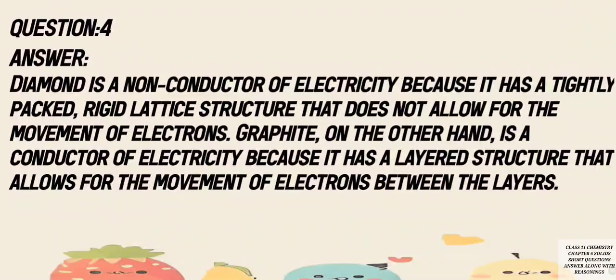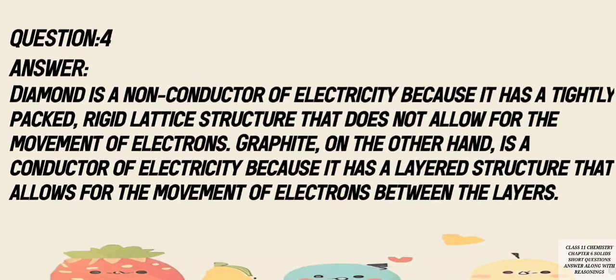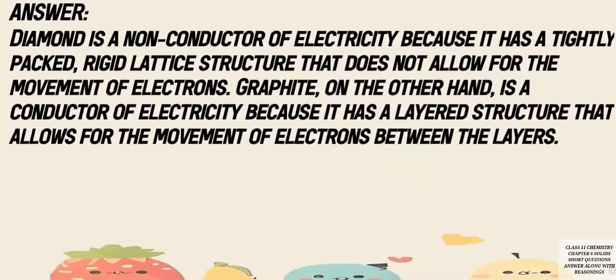The reason for this is that के जो diamond के जो molecules होते हैं टाइटली पैक्ड होते हैं और जो कि ज़्यादा मूवमेंट ऑफ इलेक्ट्रॉन्स अलाउ नहीं करते। लेकिन ग्रेफाइट के जो मूवमेंट मॉलिक्यूल्स होते हैं वो इतने टाइटली पैक नहीं होते, लेकिन उनमें मूवमेंट हो जाती है इलेक्ट्रॉन्स की उनकी लेयर्स के दरमियान। So this is the reason that diamond is a non-conductor of electricity, whereas graphite is a conductor of electricity.